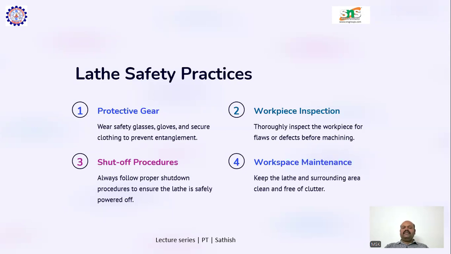So there is a possibility of your clothes getting stuck and causing an accident. You have to follow the very important safety factors mentioned in the machine shop. And next is the best practice, workpiece inspection.